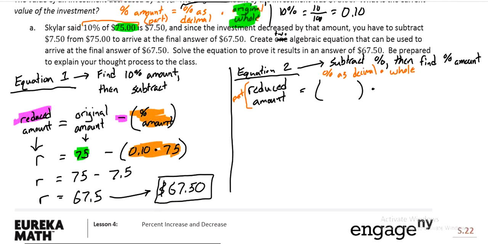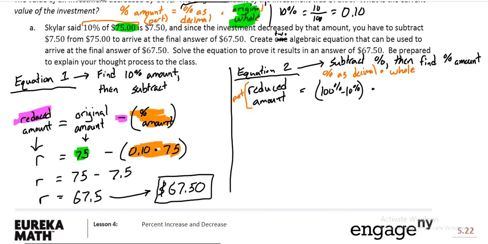So when we fill this in, let's go ahead and start filling in percent as a decimal. So we have to actually figure that out. Now remember, the whole starts as 100%. But we are taking away, we're decreasing by 10%. So we have that to figure out first.